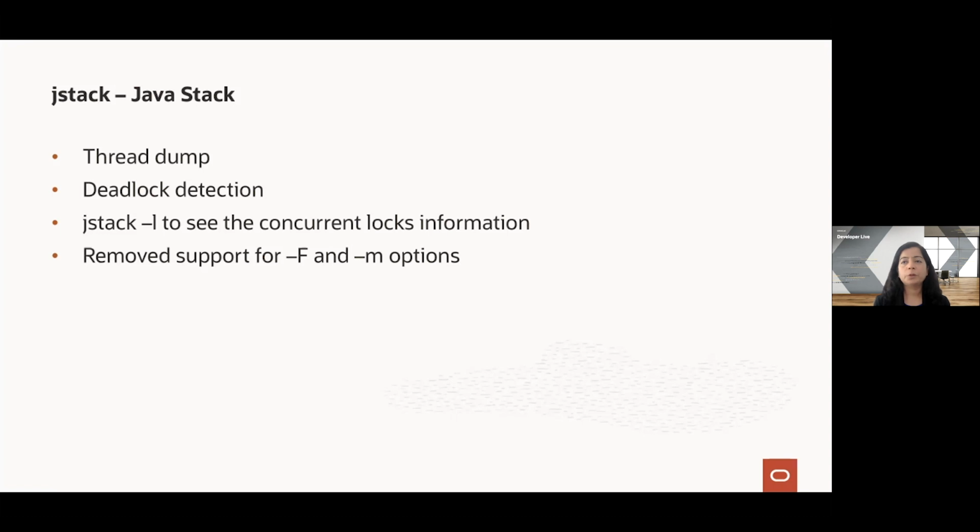With -F, we could connect jstack to hung or stuck processes, and -m could be used to print native frames and stack traces. So there are alternatives for how that information can be obtained. We'll take a look at that in later slides.